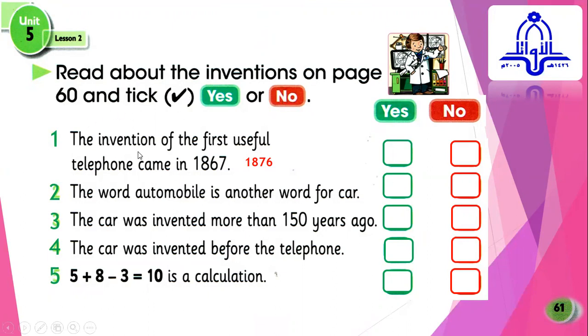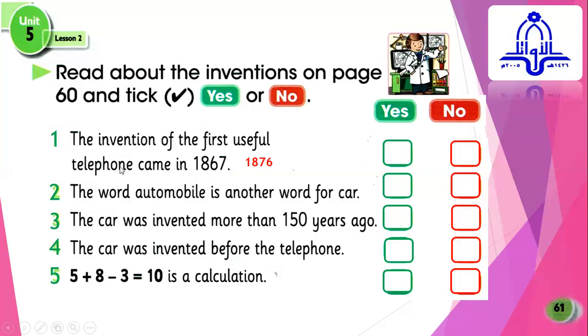Number 1. The invention of the first usable telephone came in 1867.